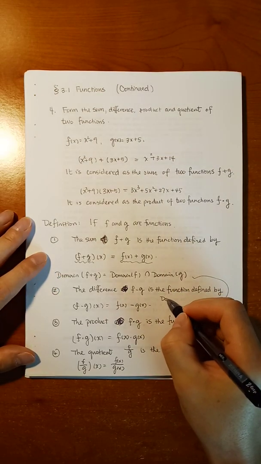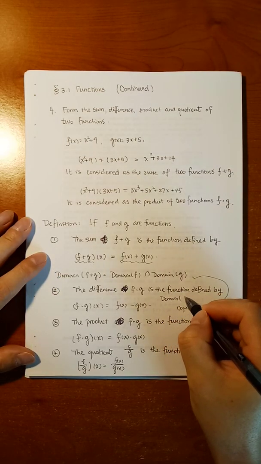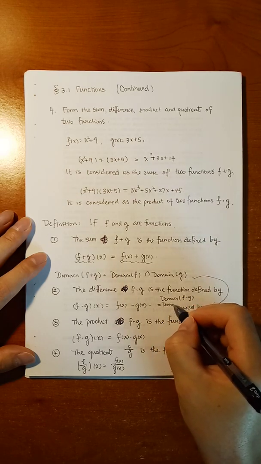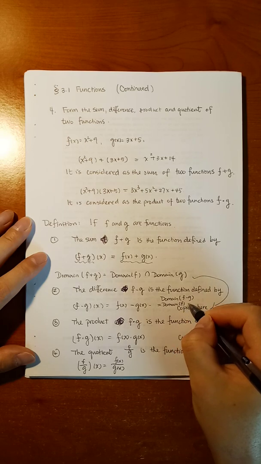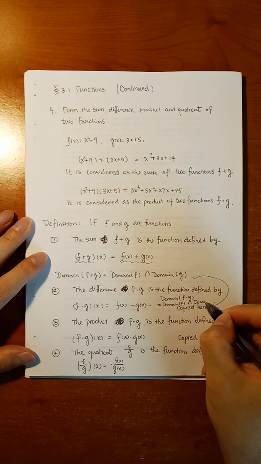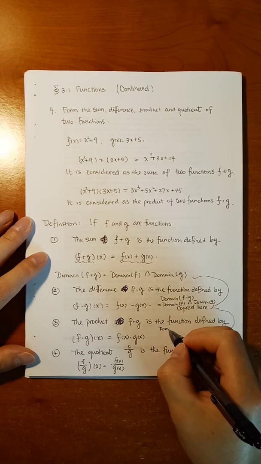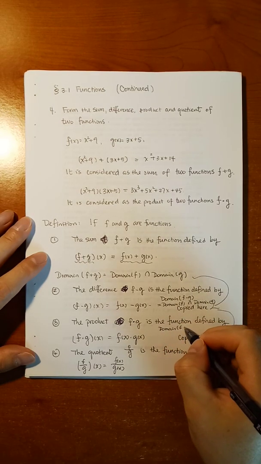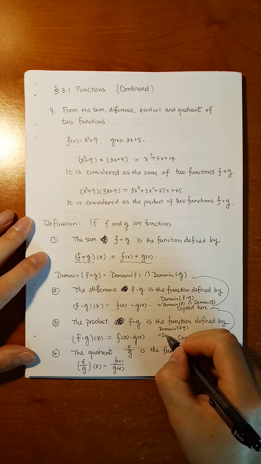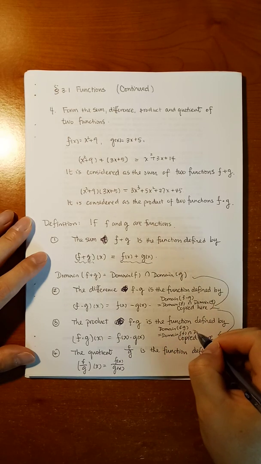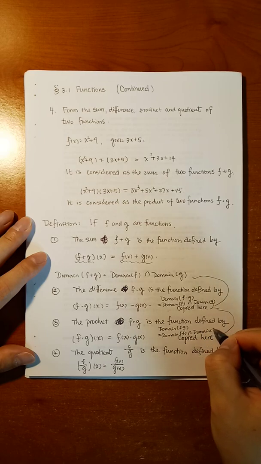So the domain of f minus g is equal to the domain of f intersect domain of g. The domain of f times g is equal to the domain of f intersect domain of g.